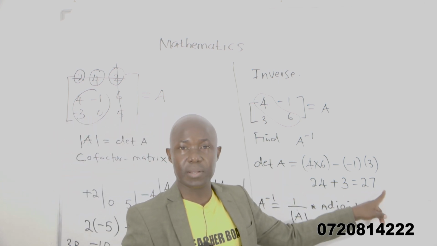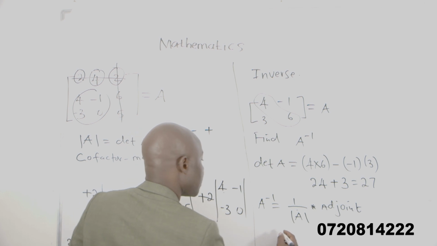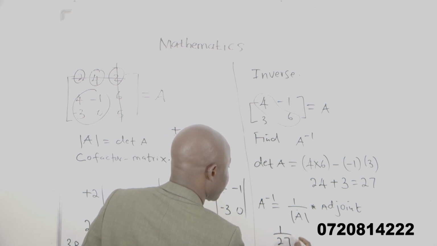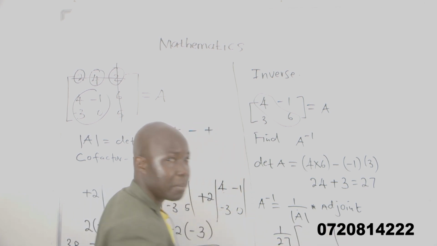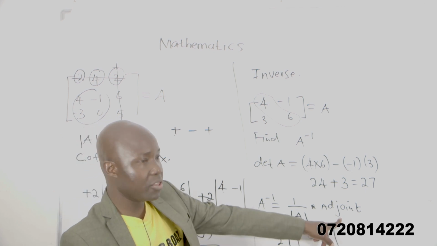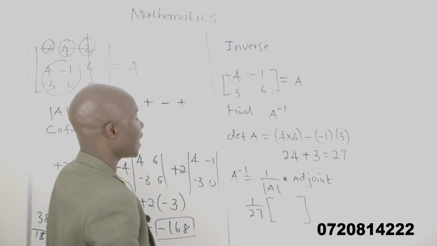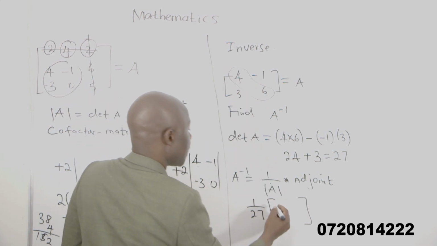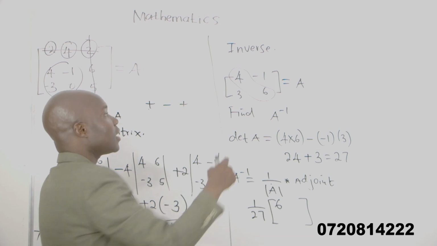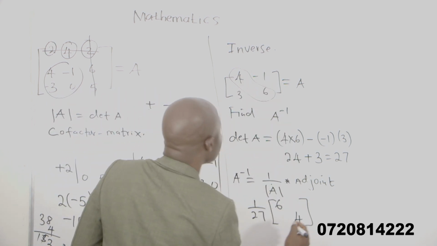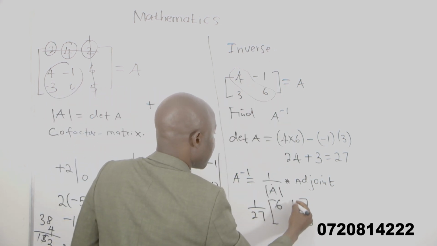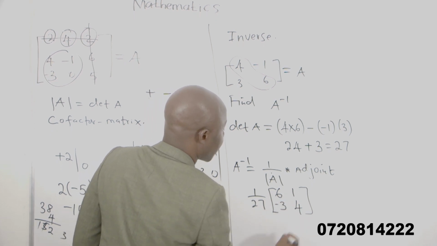Our determinant was 27. So we take 1 over 27 and multiply by the adjoint of that given matrix. The adjoint means we interchange: the 6 comes at the position where we have 4, then 4 goes down. The others remain, but we change the nature of their signs.